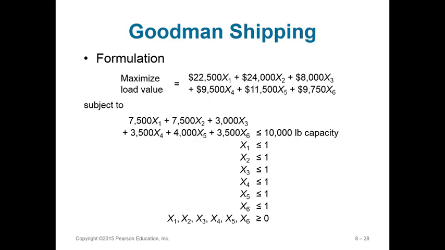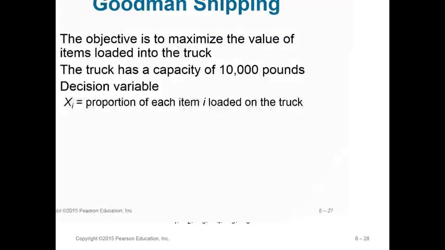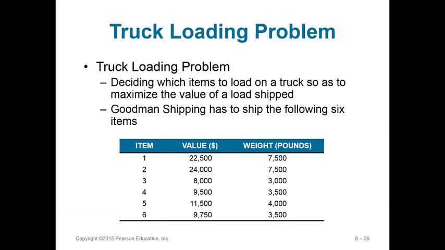Okay, so if we go back, the first one had the value of each item, a certain amount of value for those items, and the amount of pounds that those items are going to weigh.